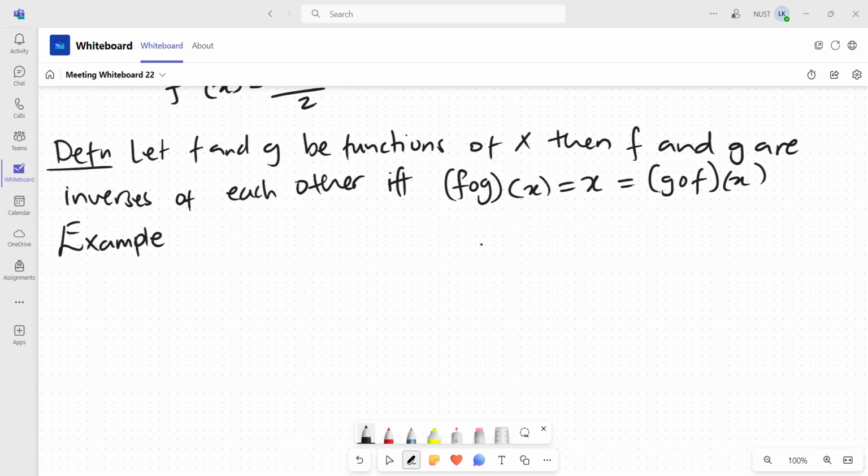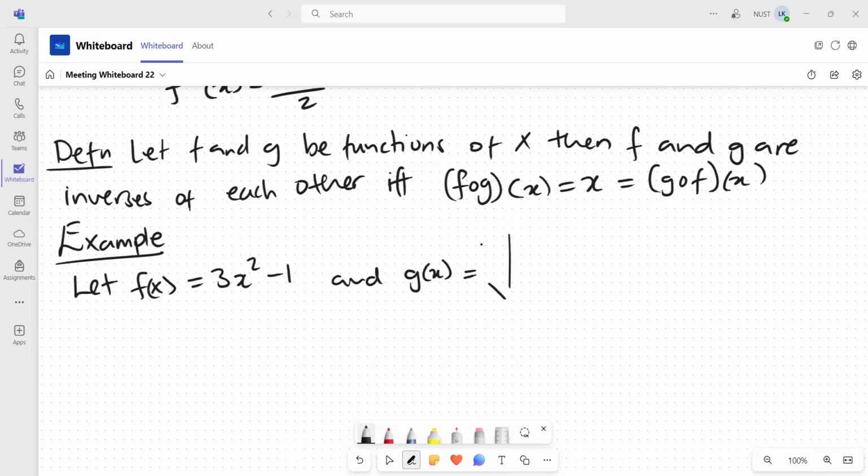So we have an example here. Let f of x equal 3x squared minus 1, and g of x equal the square root of (x plus 1) over 3.